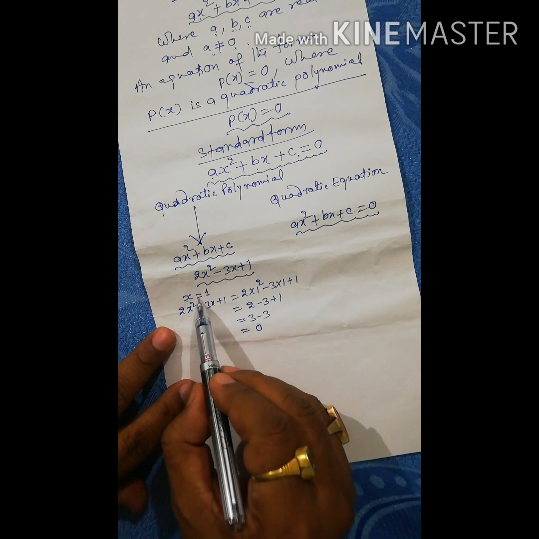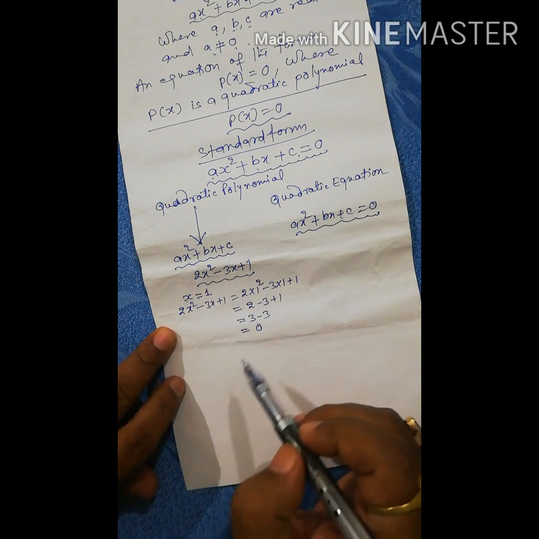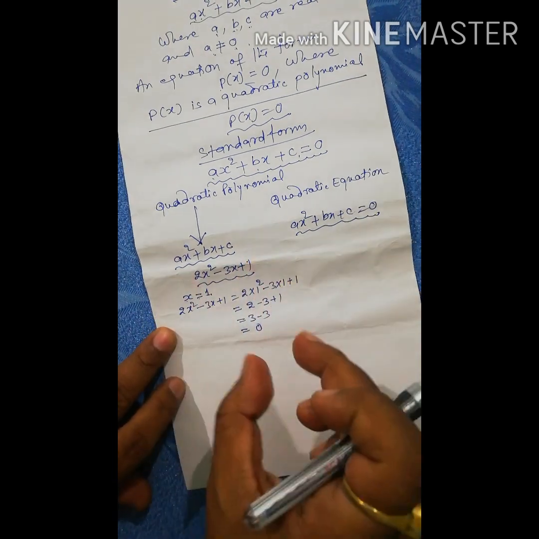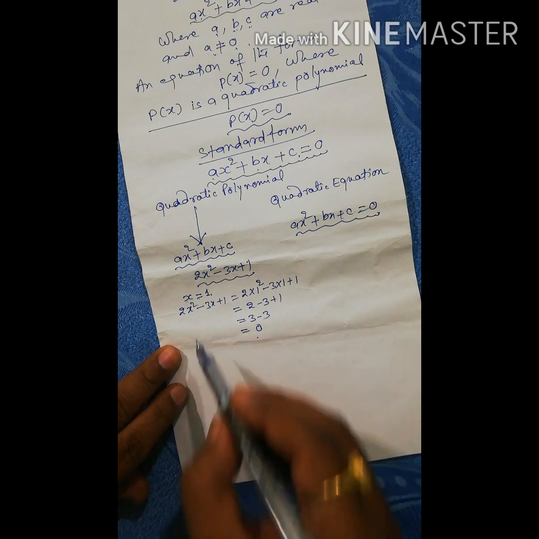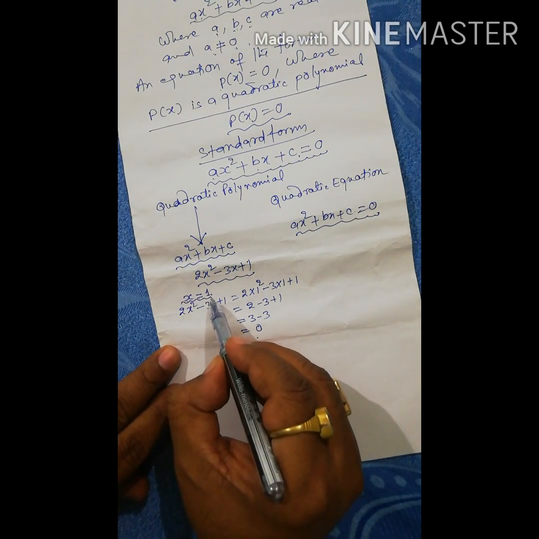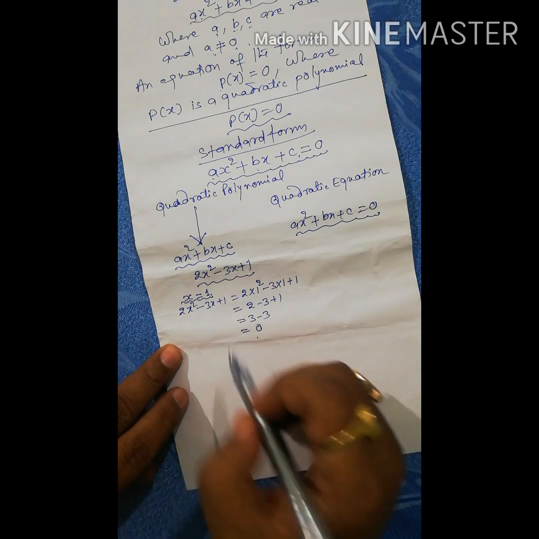Since putting x = 1 in this quadratic polynomial gives 0, x = 1 is the solution of this quadratic polynomial.